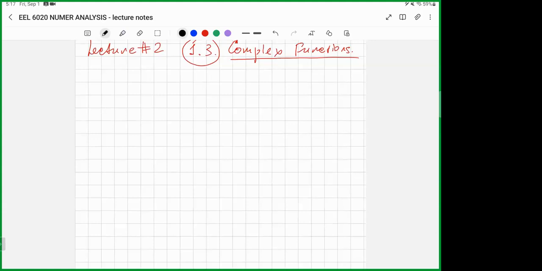So I remind you that when we're talking about real-valued numbers, we can put them on one axis. Let's call it axis X, denoting real numbers.